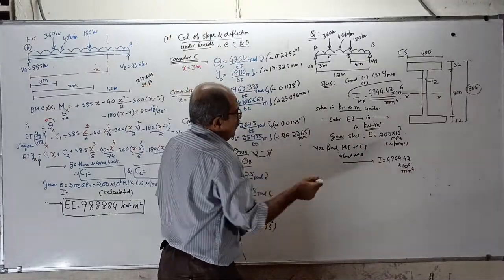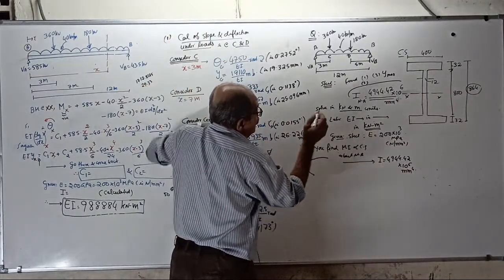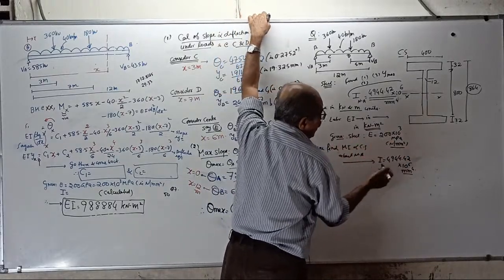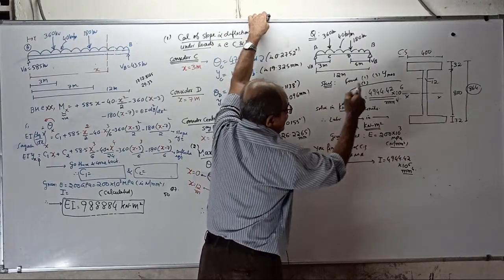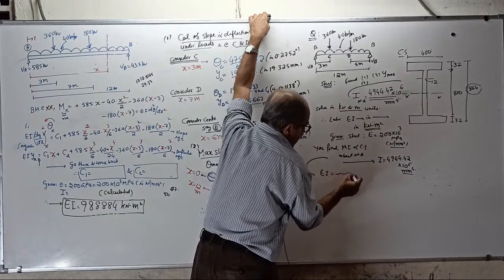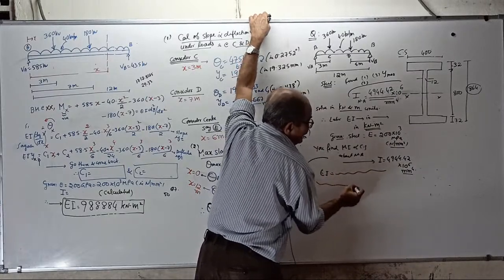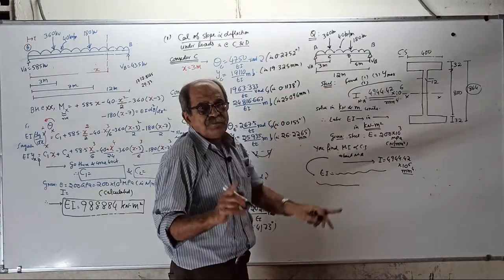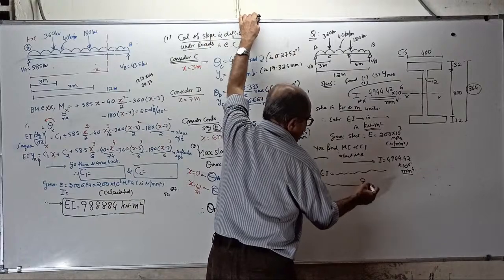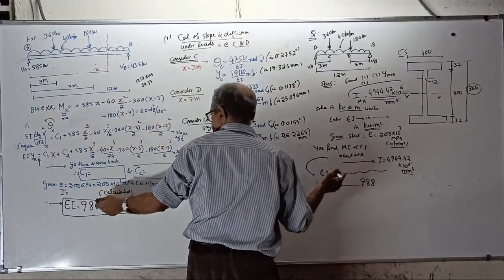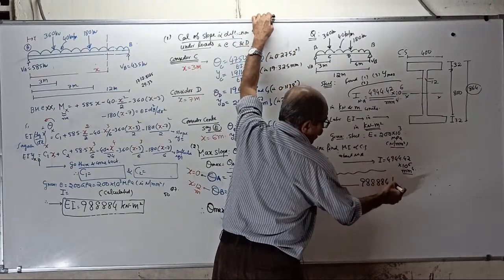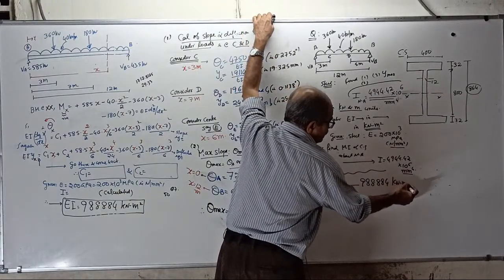Now, you see E is in Newton per mm square, I is mm power 4. But we want EI in kilonewton meter square. Therefore, whatever the given unit, substitute correctly and bring it down to 884 kilonewton meter square.